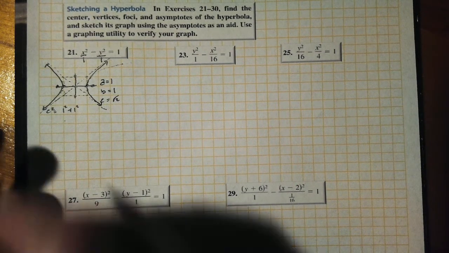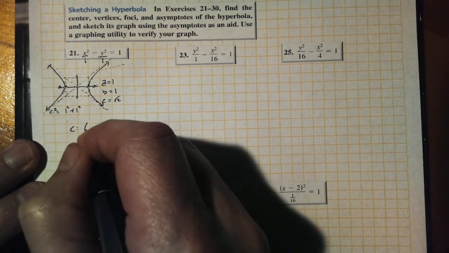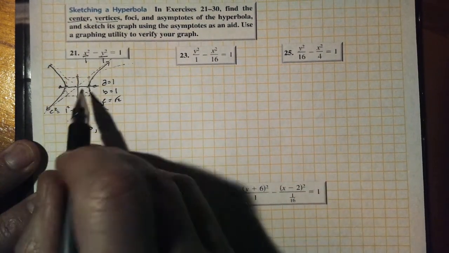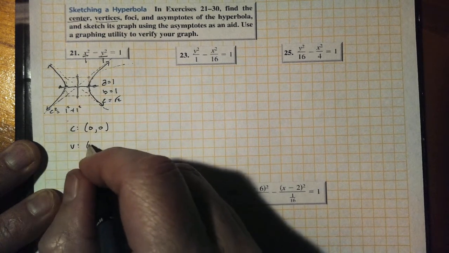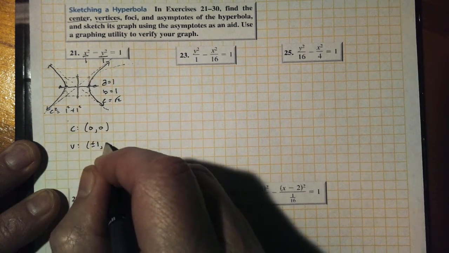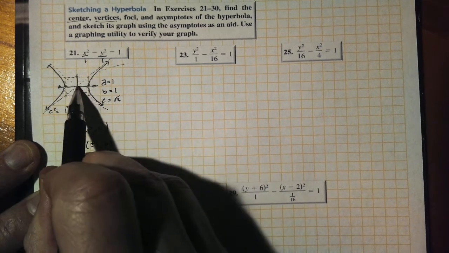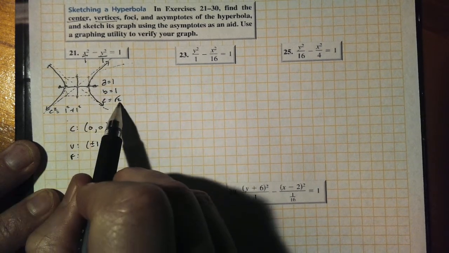So center 0, 0, that was nice. Just going through these, check them off. Center, vertices are at 1, 0 and negative 1, 0, so I can abbreviate that. Foci are over here. Where did we get that from? Square root of 2.